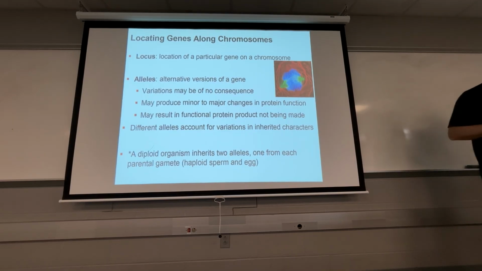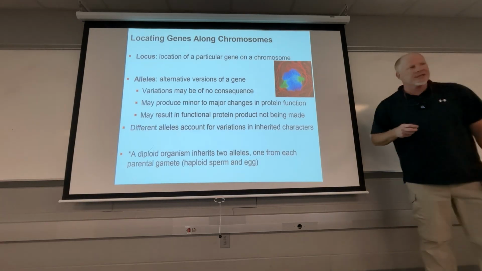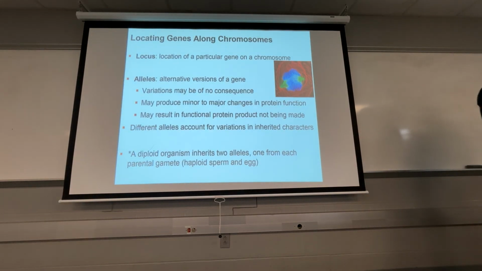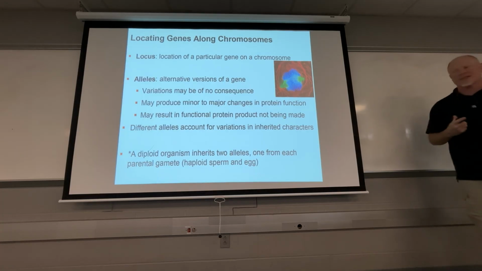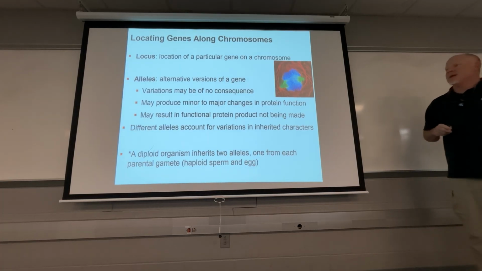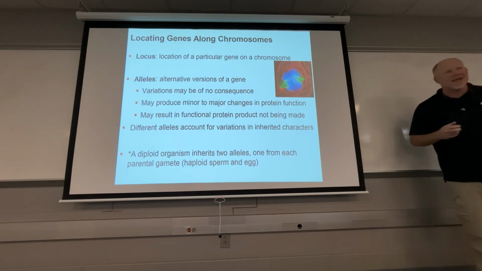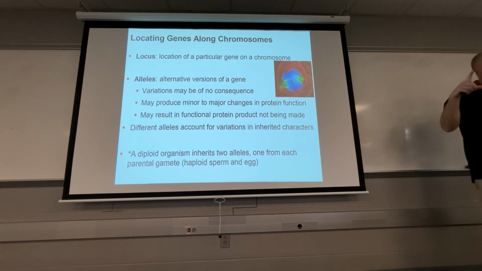Okay, a locus versus an allele. Every gene that we're interested in that codes for a protein has a location, and that location is consistent across an organism. It's just the location of a particular gene on a chromosome. So remember, what does that mean? It means it's somewhere on a piece of DNA, right?